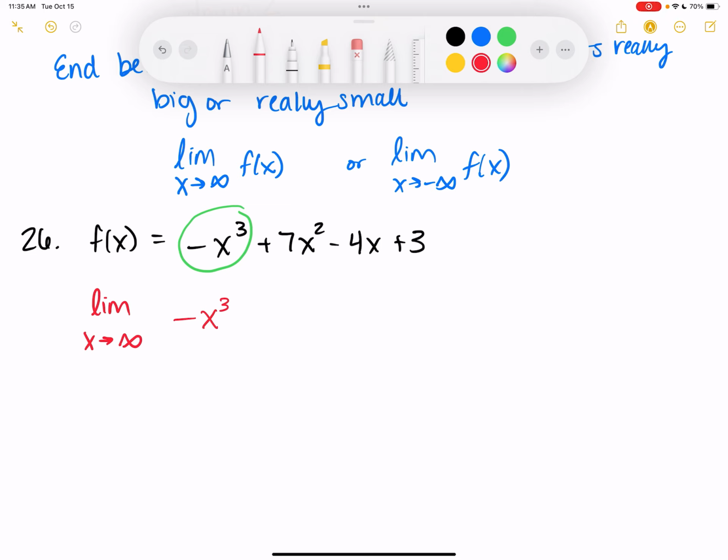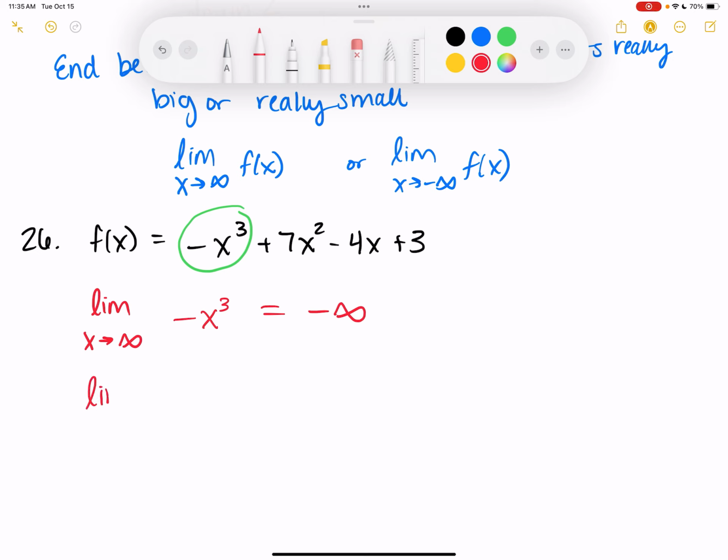When I plug in a really, really big number for x, what is this going toward? Negative infinity. And that would be your answer. Because if I plug in 500 and I cube it, and then I put the negative on it, it would be negative infinity. And obviously 500 is a big number, but it's not nearly anything of what we would think of as infinity.